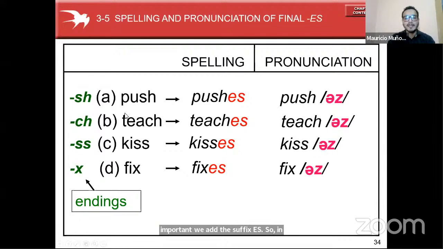So, in other words: pushes, teaches, kisses, and fixes. This is focused on third person spelling rules. Don't forget: push, because this verb ends in sh; teach, ch; kiss, ss; and fix, x.